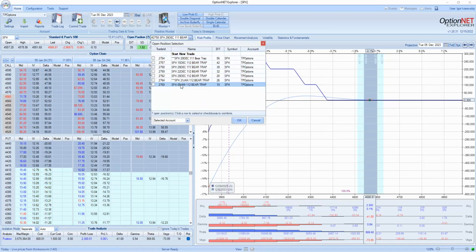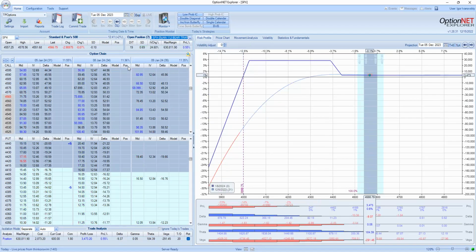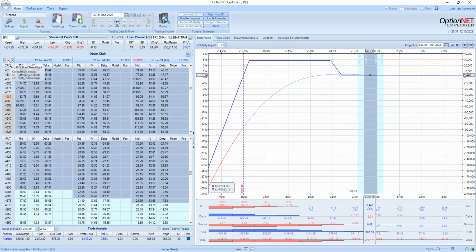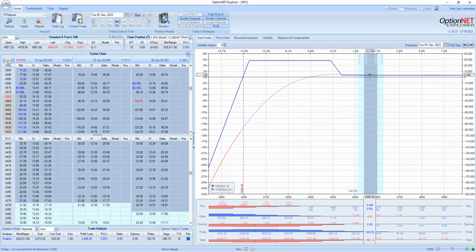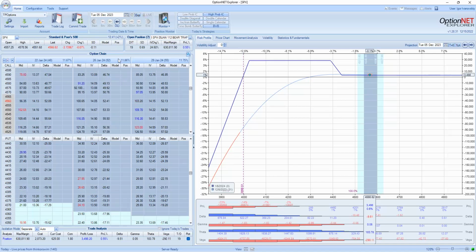And my target DTE is 52 days out. Usually on a Tuesday, they have an expiration cycle that has 52 days in it. And today, this 52 DTE happens to be January 26th.